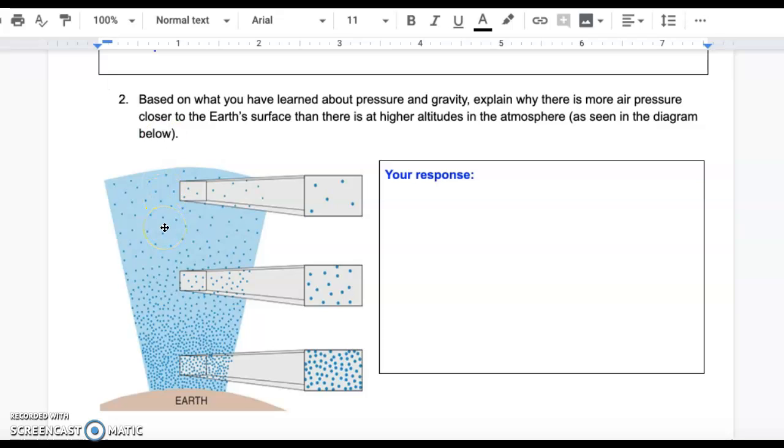Based on what you've learned about pressure and gravity, explain why there's more air pressure close to Earth's surface, remember pressure, density, closer together, than there is at higher altitudes in the atmosphere.